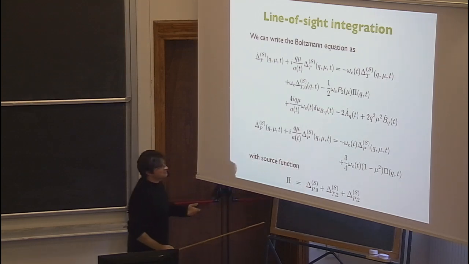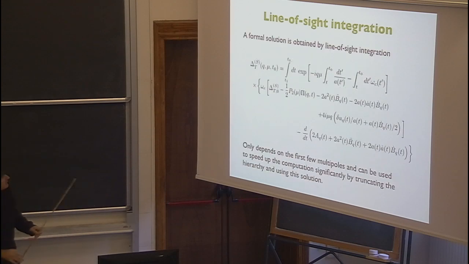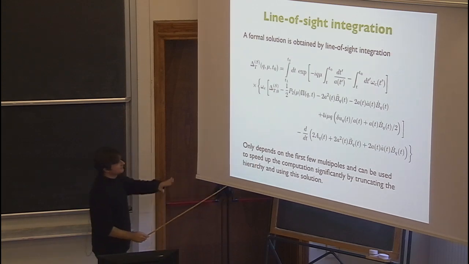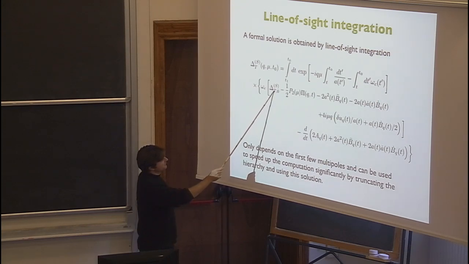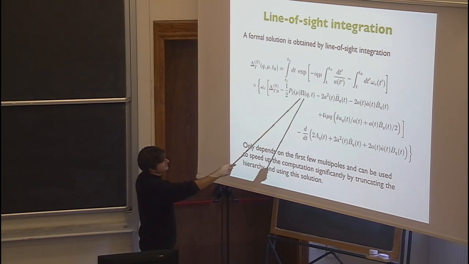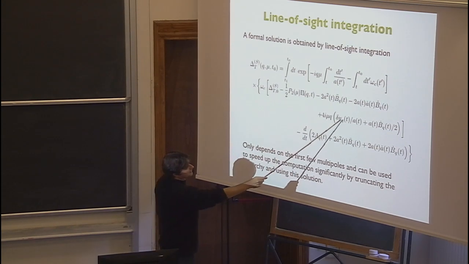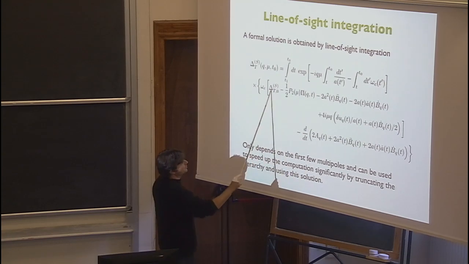And you can formally integrate those equations, formally just because the delta t still appears on the other side, so you can't directly work with it. But if you look at this equation, only low multipoles appear: delta t0, then delta p0, delta t2, and delta p2. And there's the delta u, which is delta t1. So it's only up to L equals 2 that appears here.